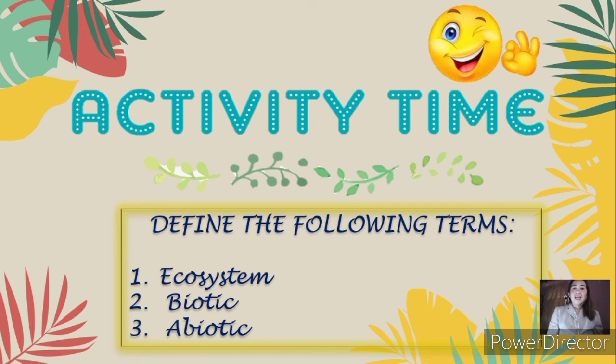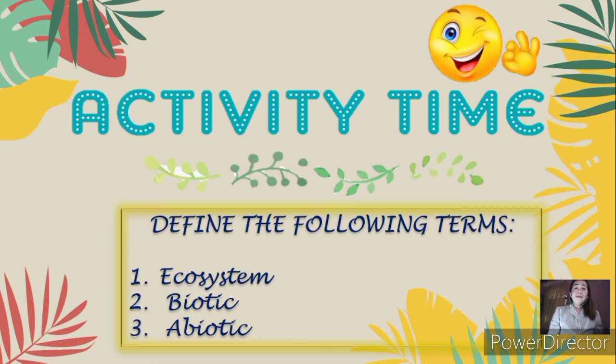Get your science activity notebook and write down all the possible answers, all your thoughts about what you have learned from the lesson about these three terms. I will give you 2 minutes to finish answering the activity. Are you all done? Very good.